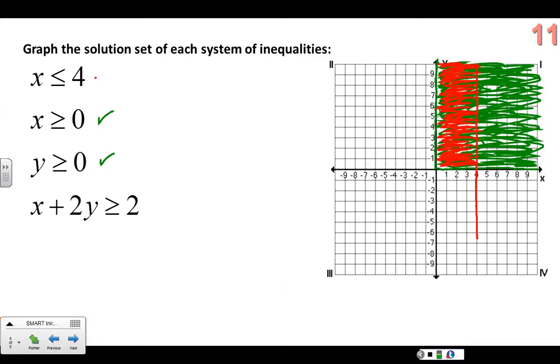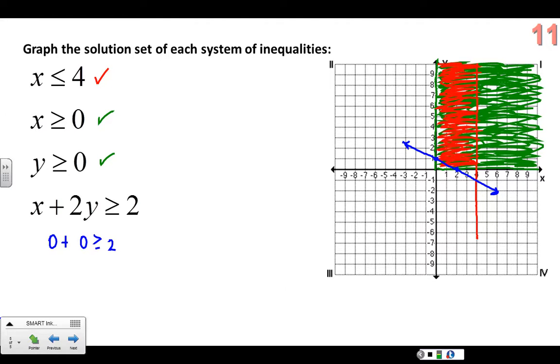We got that. All right, and then in blue, I'm going to try to trace this line here. Your x-intercept would be 2, and your y-intercept would be 1. And would we shade above or below the line? That's the question. So if I do 0 plus 0 greater than, that's not true.